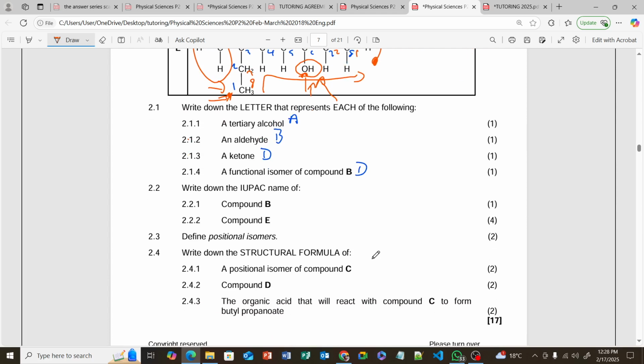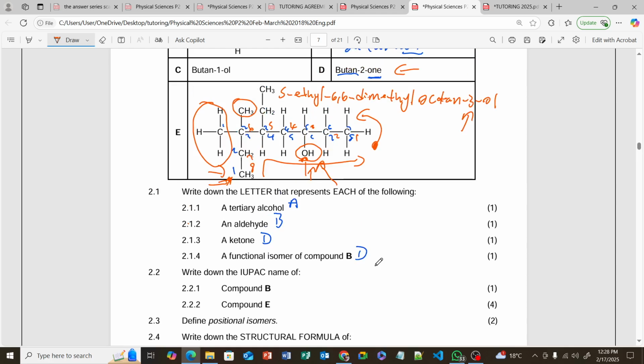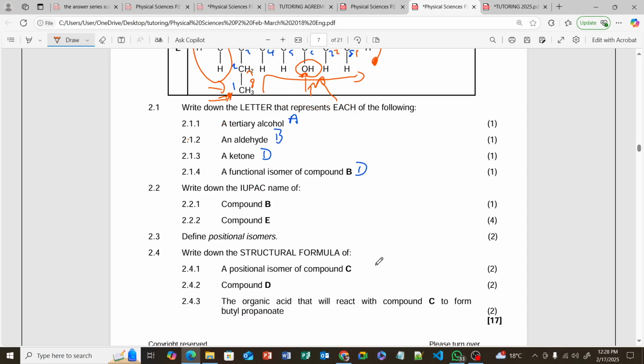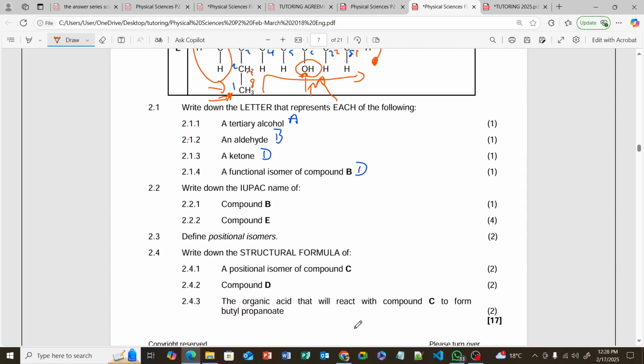Now the organic acid that will react with compound C. So what is compound C? Compound C is an alcohol. Now they want you to write the structural formula of an organic acid that will react with this, and it must give you this molecule.